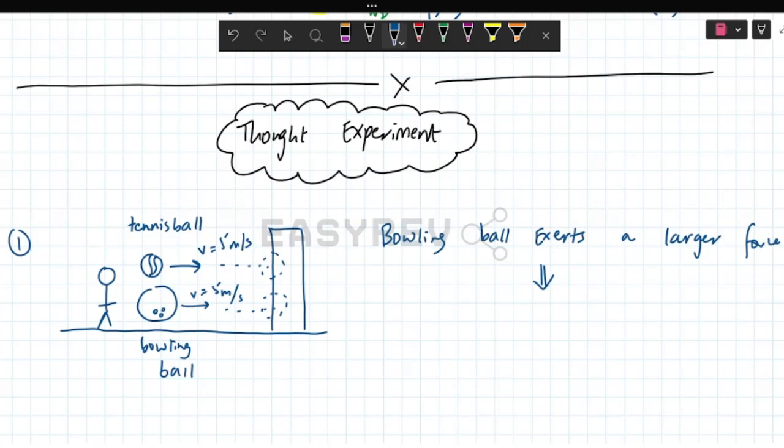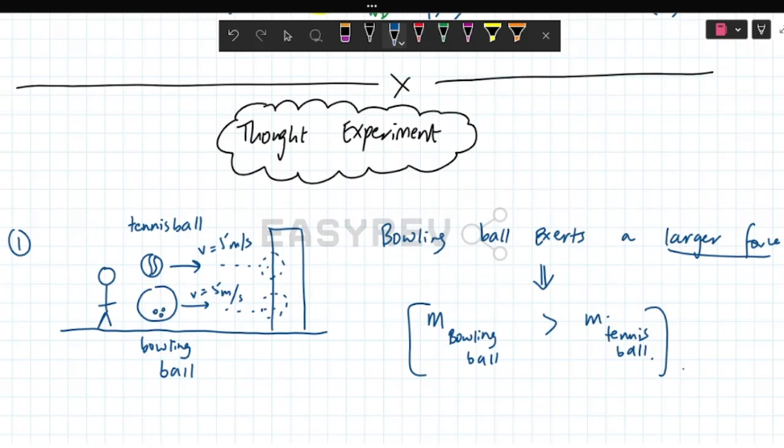So the reason why you concluded that the bowling ball will exert a larger force than the tennis ball is because the mass of the bowling ball happens to be larger than the mass of the tennis ball. So from this you were able to conclude that the bowling ball is exerting a larger force, and you could also of course invert this argument.